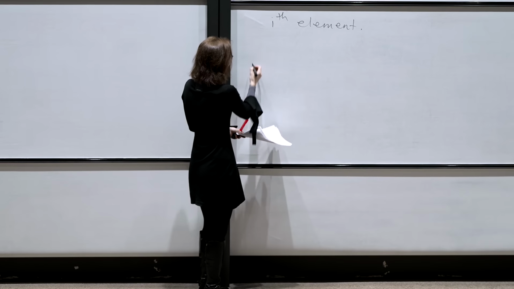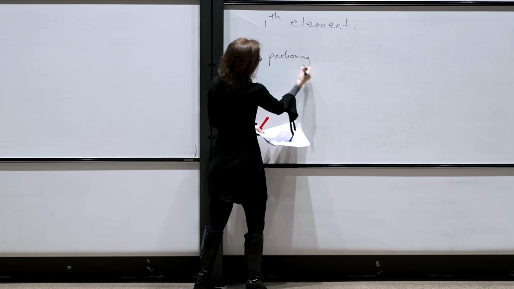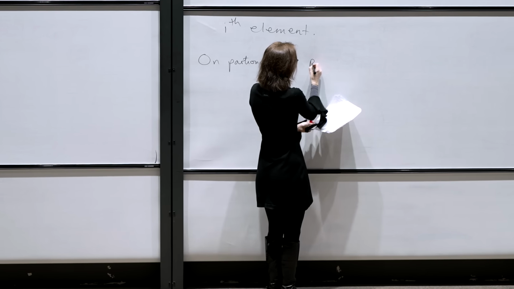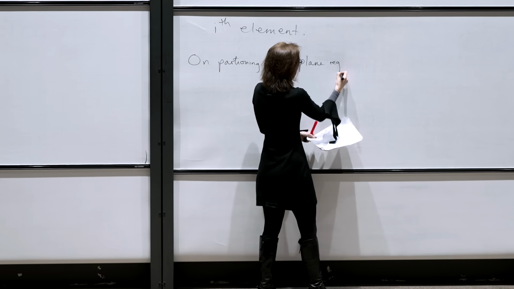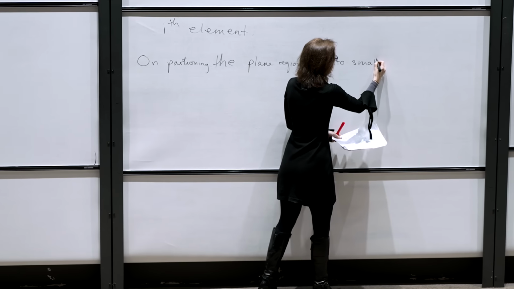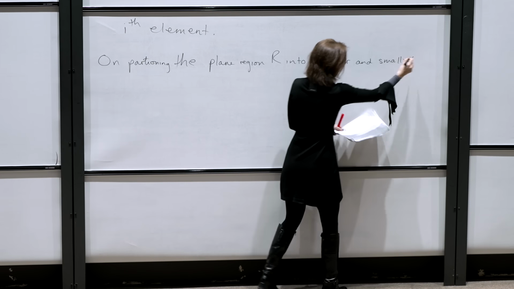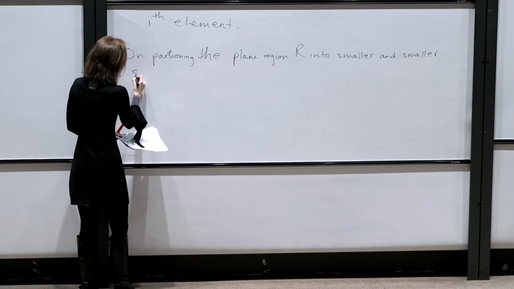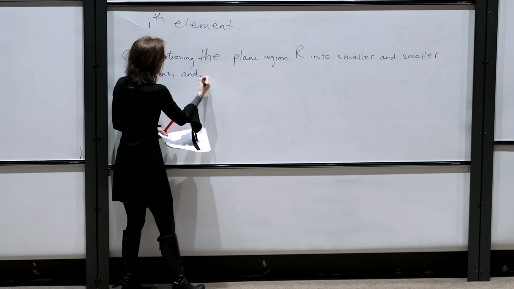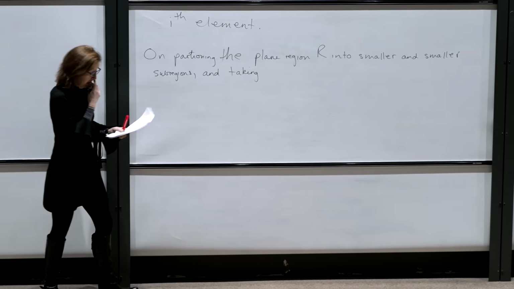So then on partitioning the plane, region R into smaller and smaller sub-regions, and then taking the limit this time as the area of that region tends to 0.